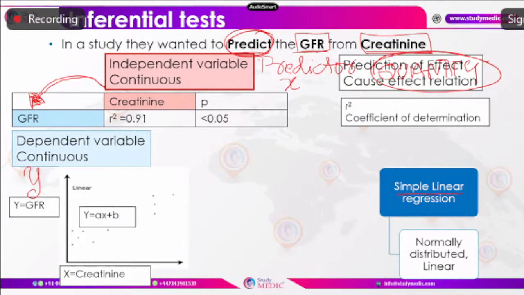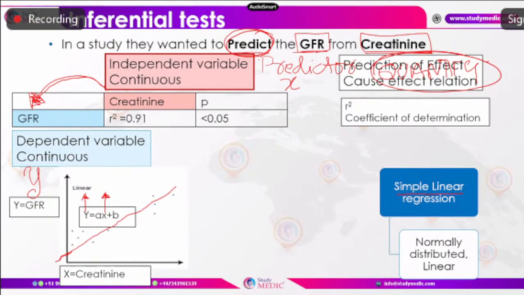Mathematically, a line of best fit is plotted between these, and a straight line equation mathematically is y = ax + b. Y is the dependent variable, a is the slope of the line, x is the independent predictor variable, and b is the constant where the line meets the y-axis.